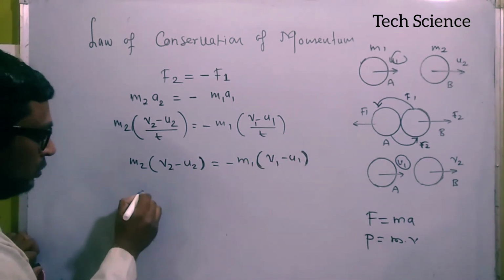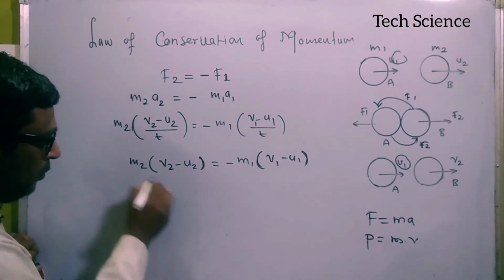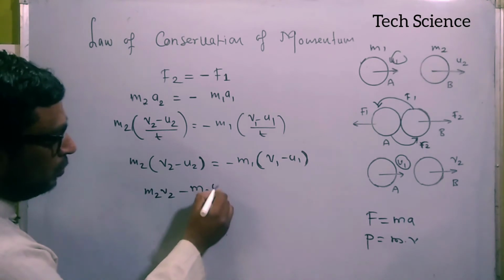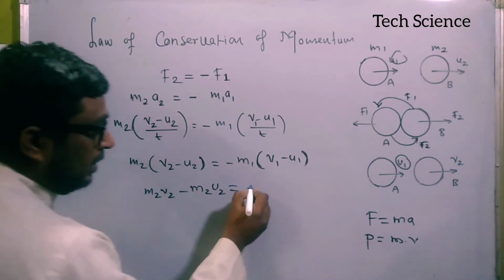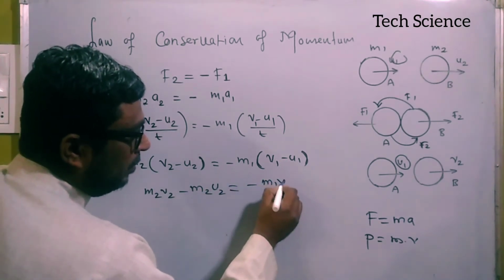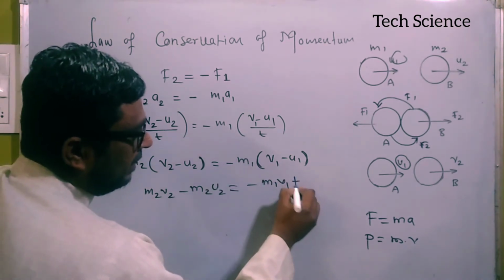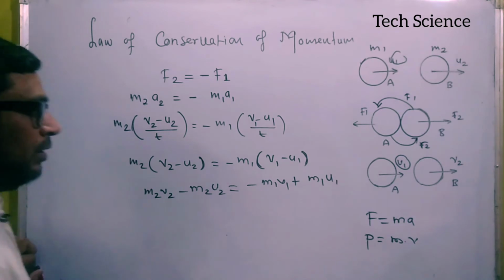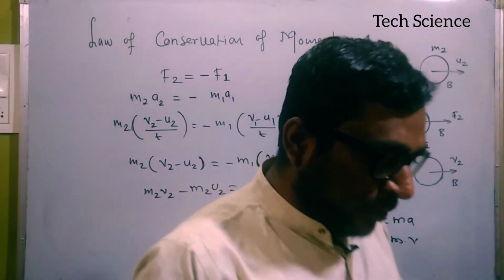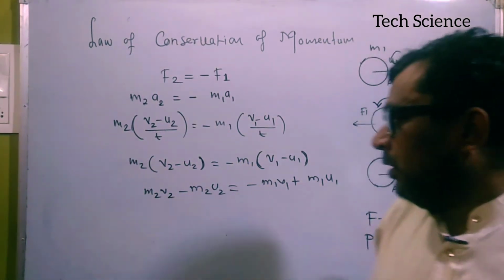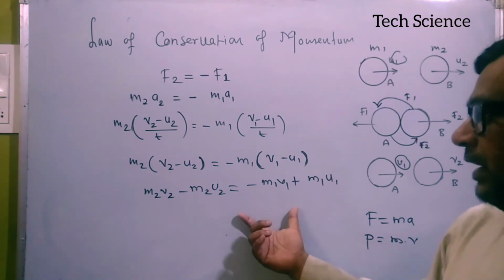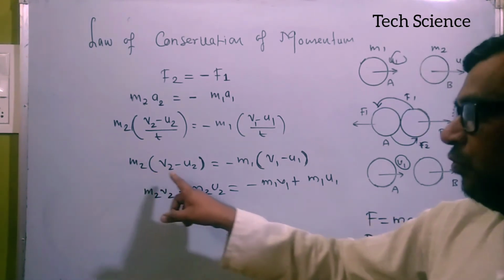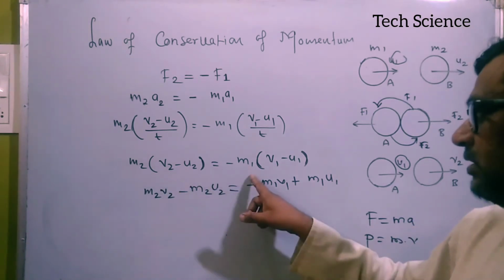So what remains? m2 v2 minus m2 u2, that is m2 u2. Here minus m1 v1, and this minus gets plus m1 u1. This is the expression after multiplying m2 with this bracket and m1 with this bracket.